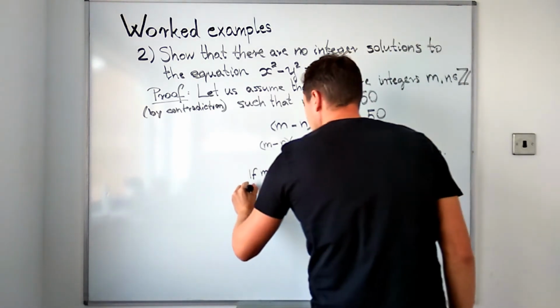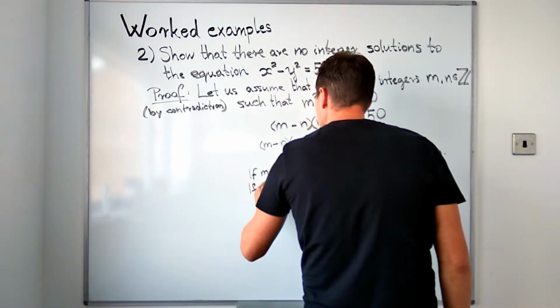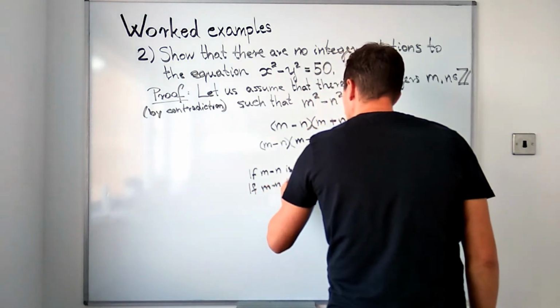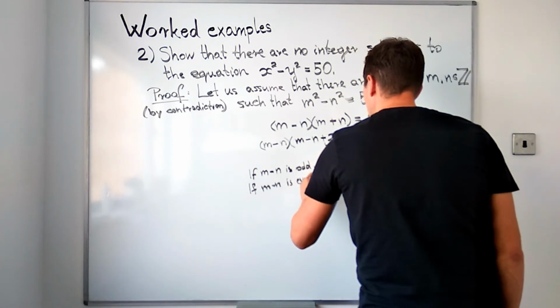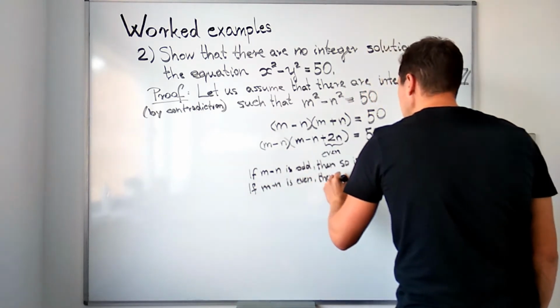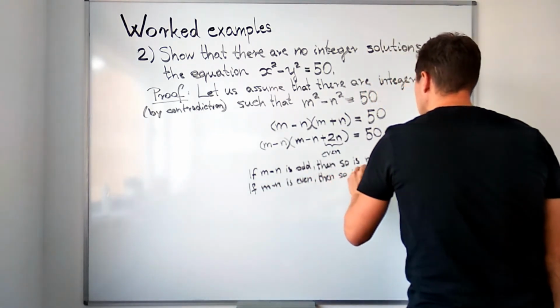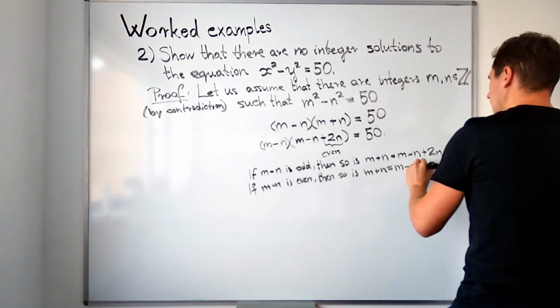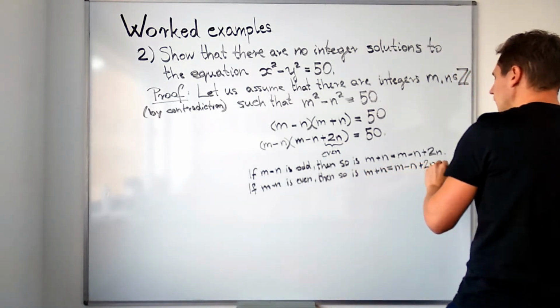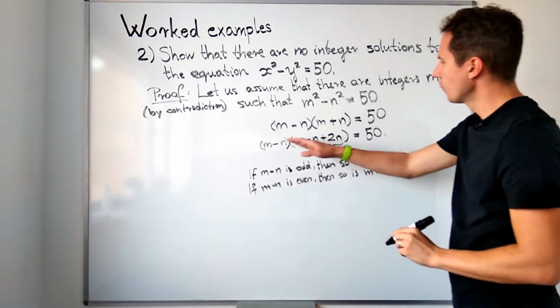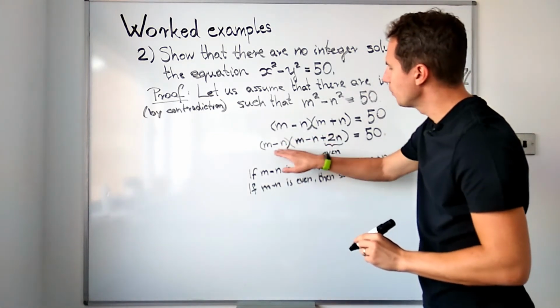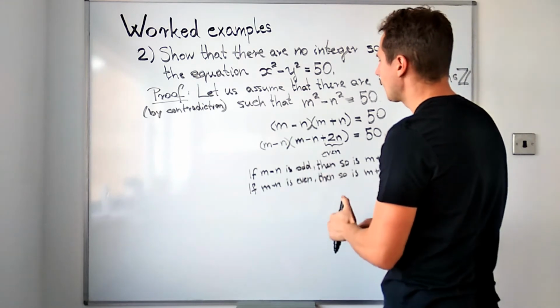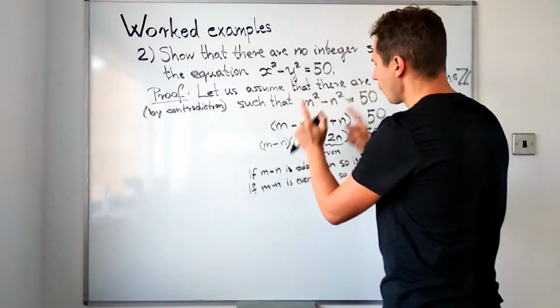And similarly, if m minus n is even, then adding an even number to it results in another even number. Okay, so whatever these integers were, they have to have the same parity. They are either both odd or both even.